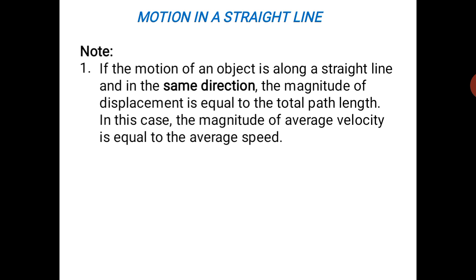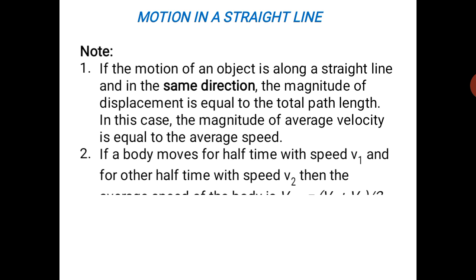In this case, the magnitude of distance and displacement are the same, so average velocity is equal to average speed. If the particle is moving in a straight line in the same direction, if you measure the velocity and speed, both will be the same.